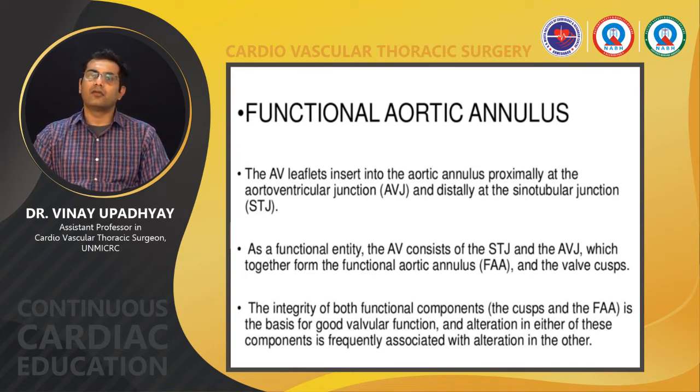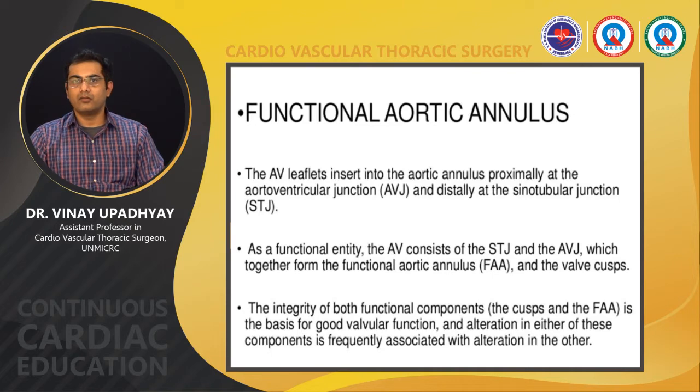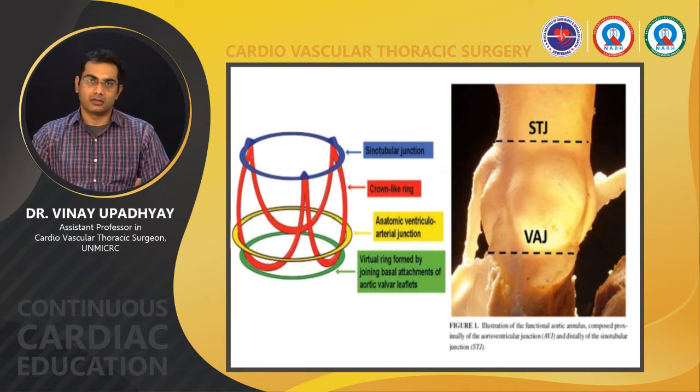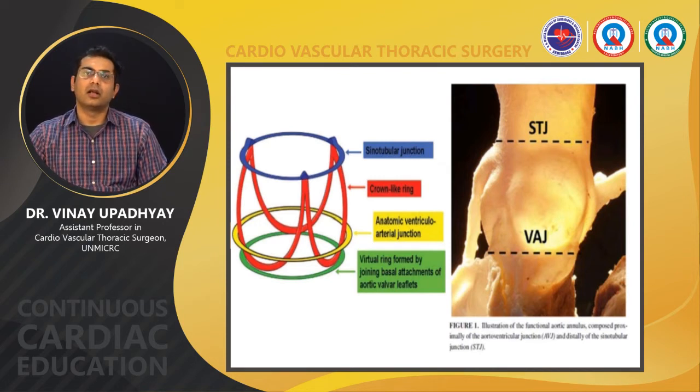The integrity of all the components is necessary for good valvular function. This figure shows the aortic root anatomy, right from the sinotubular junction to the crown shaped insertion of the leaflet on this functional annulus.